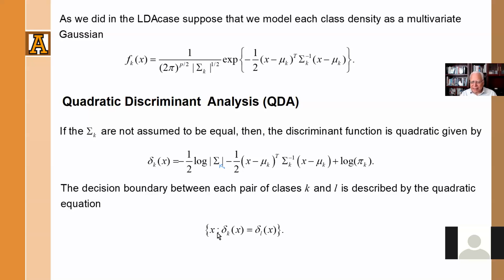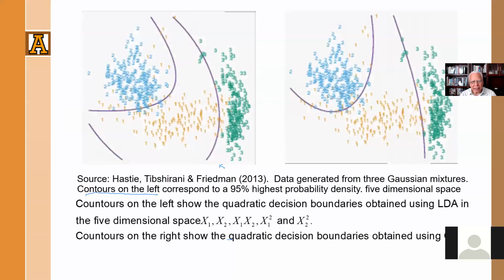Remember, this is the decision boundary: all the x's for which delta sub k of x equals delta sub l of x is the boundary between classes k and l. Since we have this sigma inverse here, and we don't simplify like in the linear case, we end up with a quadratic function of the x's. That's why it's called quadratic discriminant analysis.